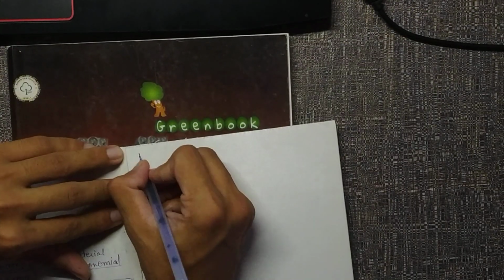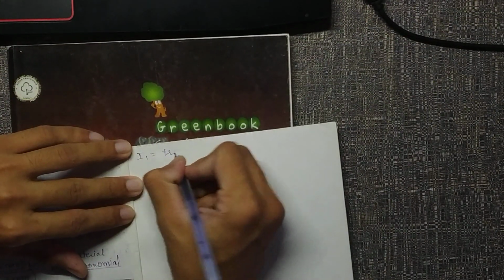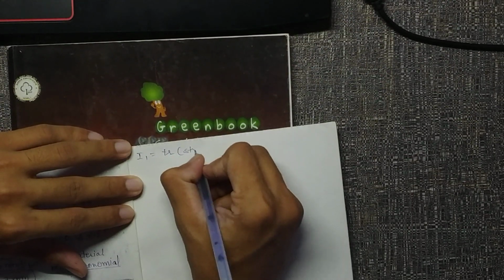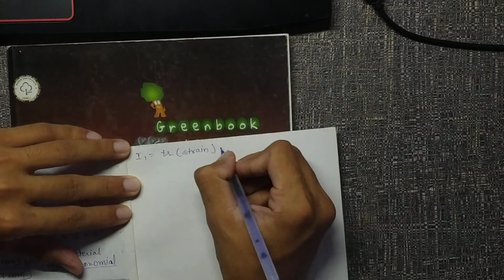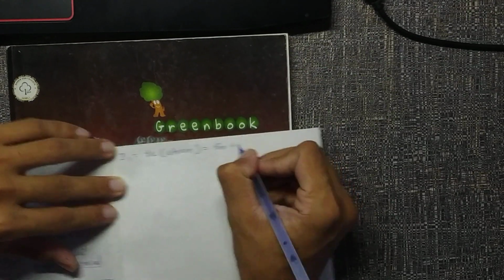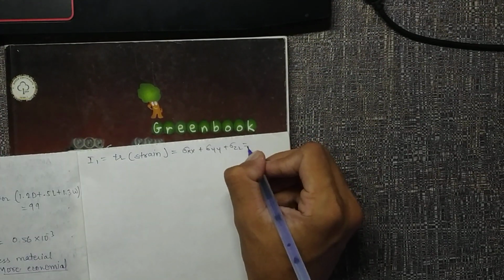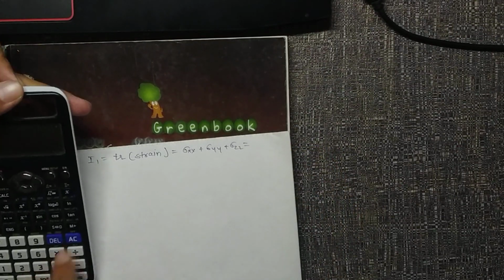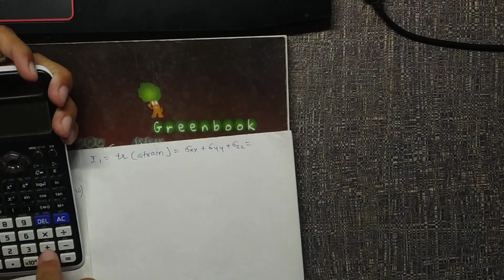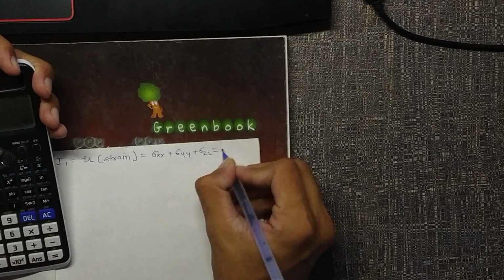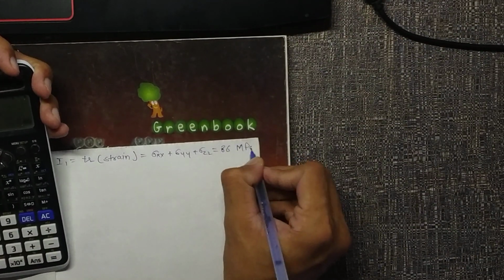So my I1 will be trace of the stress matrix, sigma xx plus yy plus zz, which will be equal to minus 120 plus 140 plus 66, that is 86 megapascal.